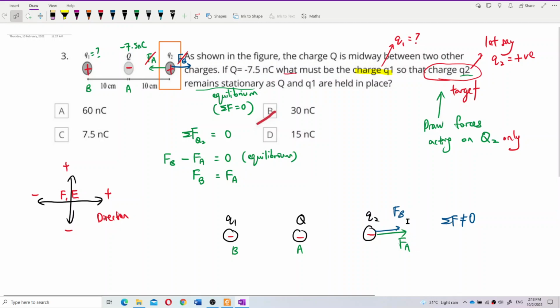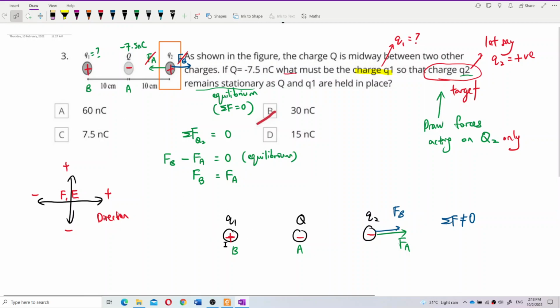So there is a resultant force, and Q2 is not in equilibrium. Understand? So no matter what, Q1 must be positive, even though Q2 is negative. No matter whether Q2 is positive or negative, Q1 must always be positive.